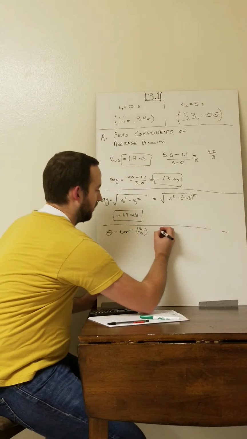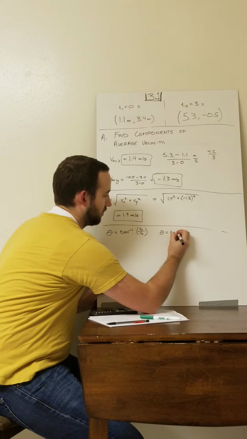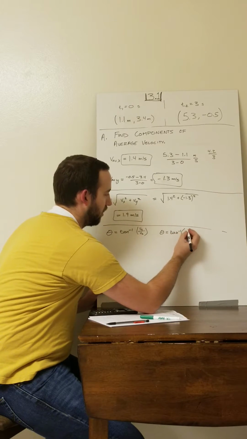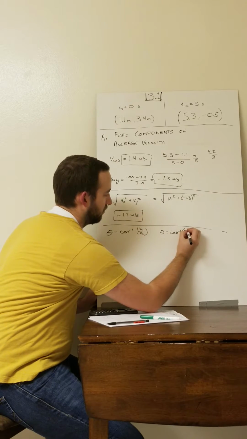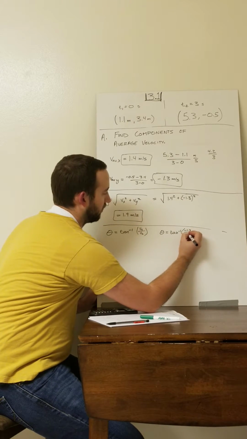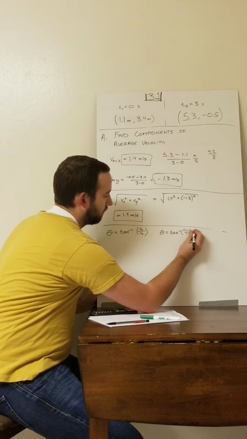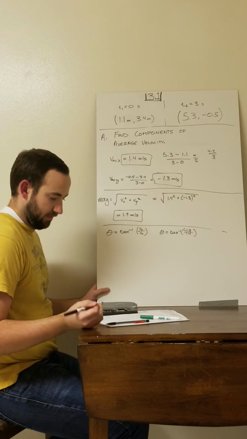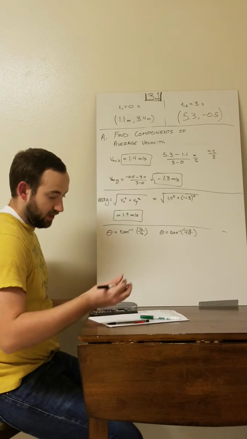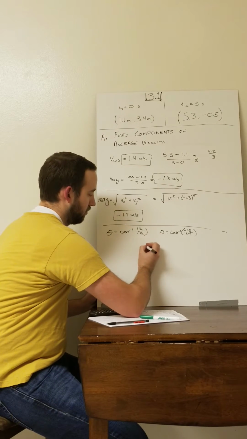And so we end up with theta equals the inverse tangent of Vy, which we know is negative 1.3, over Vx, which is 1.4. So when we put that into our calculator and solve it, we end up with negative 42.9 degrees.